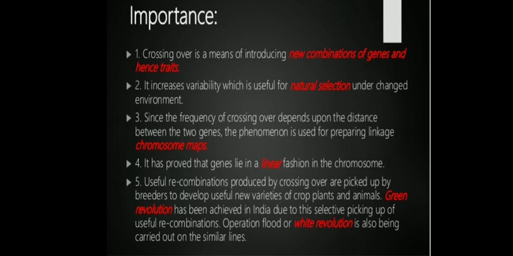Such types of crops or animals are produced. These are the important factors related to crossing over.